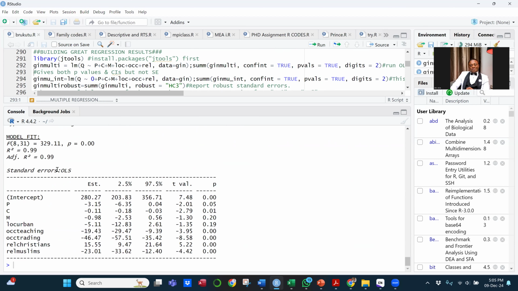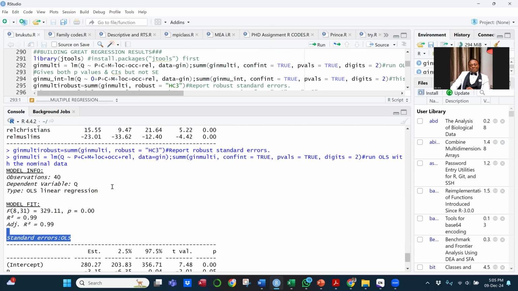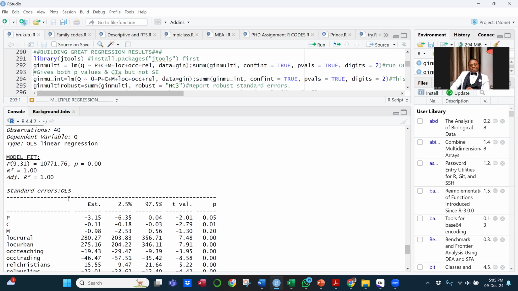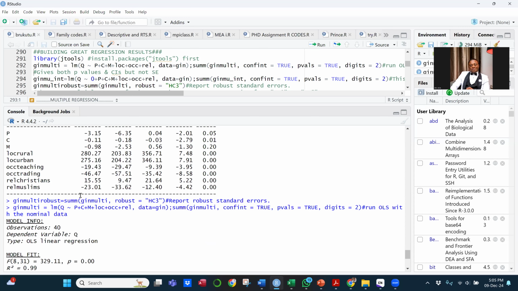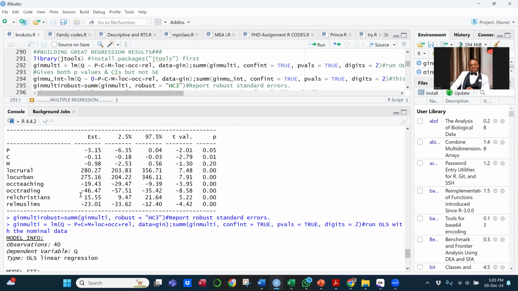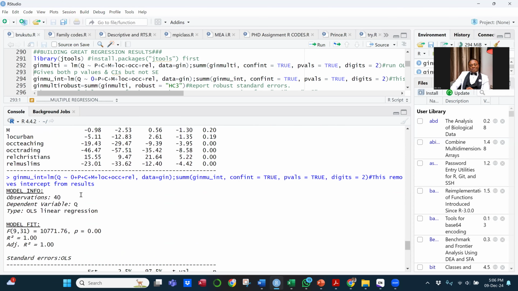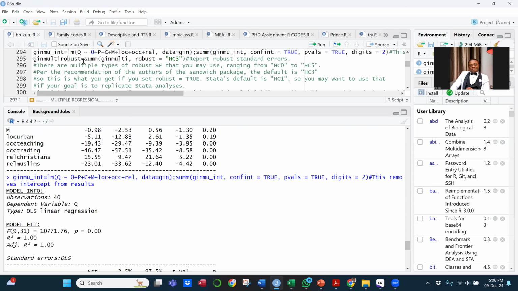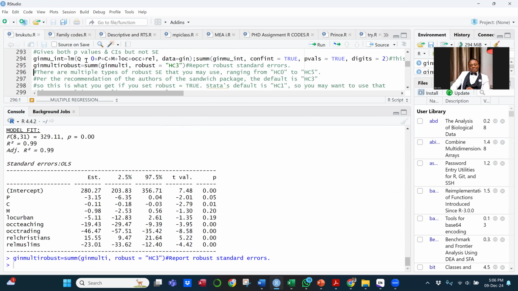So this one is OLS. Look at it here, OLS. Then the robust one. Where's that? Oh, I didn't run the robust one. Okay, so that's the OLS. Let me run the robust one. This is the robust one.